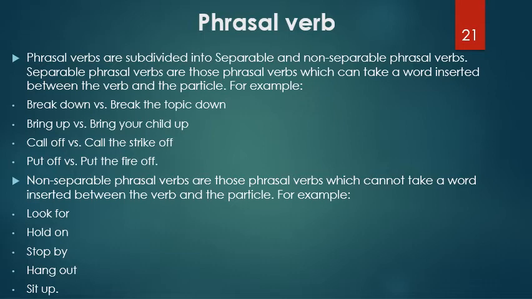It's called a separable phrasal verb because we can insert an object between the verb and the particle. Take a look at the non-separable phrasal verbs. You cannot take a word or an object between. Look for. Hold on. Try to insert an object. You can notice that you can't, because the combination cannot take any word or object between the verb and the particle, be it an adverb or a preposition.